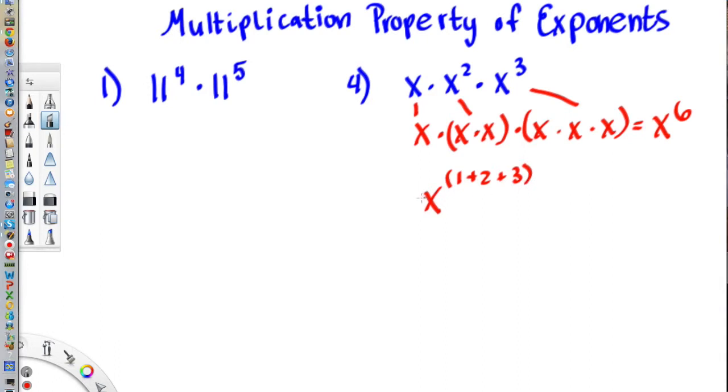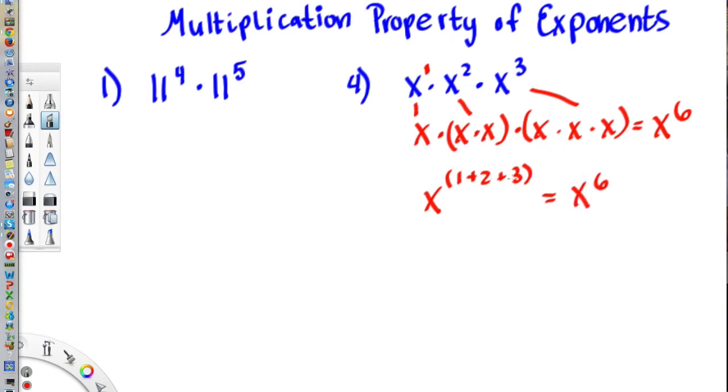So what really is a shortcut is I can just add up their exponents. I'm still multiplying x the amount of times I'm supposed to be, but I see a pattern here. I see a shortcut that if I just add up all of my exponents, and even though it's not written, you don't write x to the 1st power. I mean, you can, but it's kind of silly. We know that x is x to the 1st power, but when we add it all up, we get x to the 6th power.